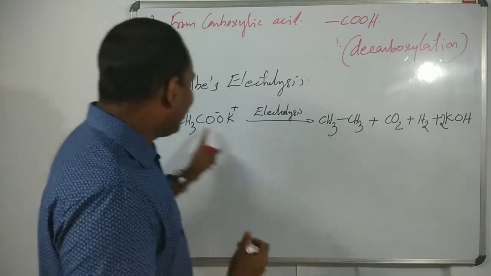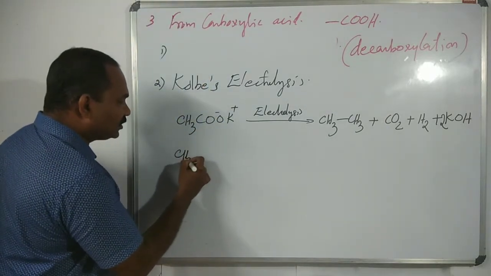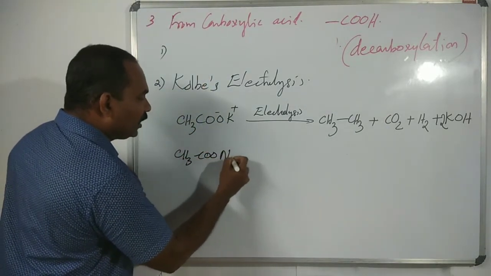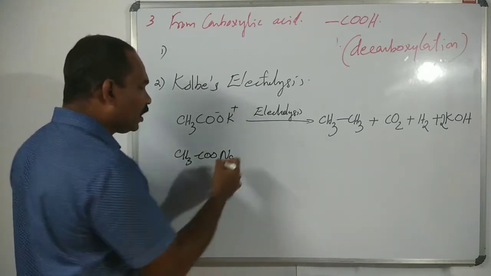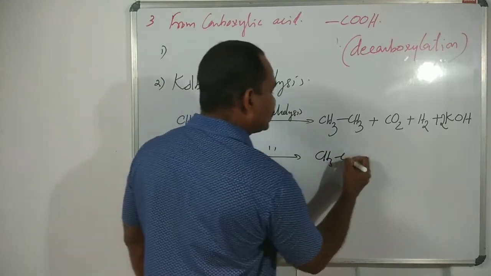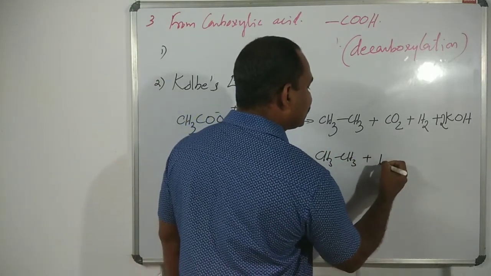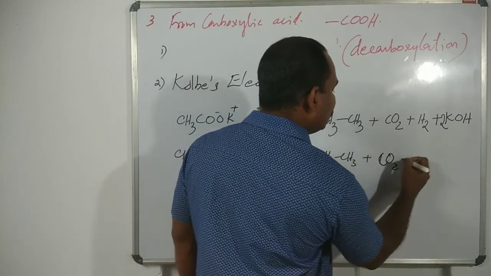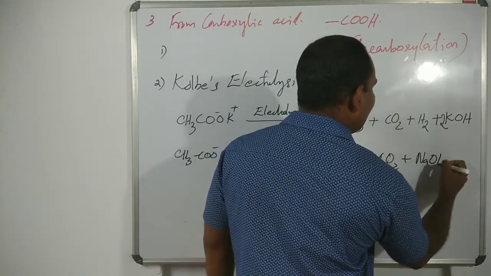So when you take a sodium salt, CH3COONa, you get C2H6 plus CO2 plus NaOH.